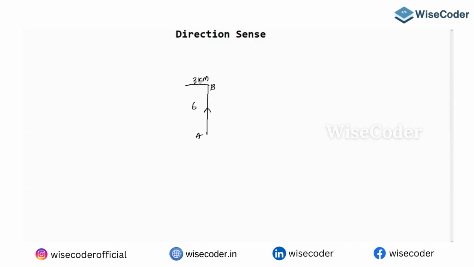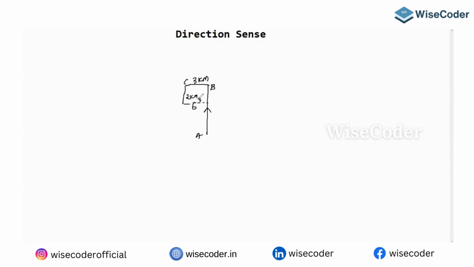He reached point C. From there, again he took left, which means downwards. This is also 2 kilometers.